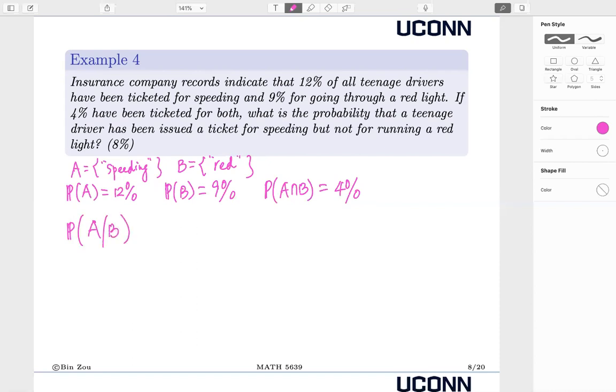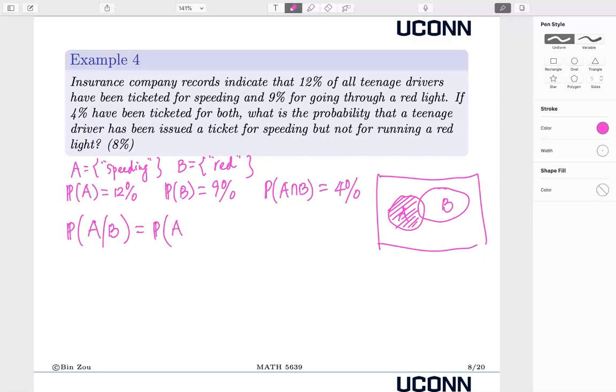So in other words, when we draw this graph, here's A, here's B. What we want to know is the portion of A that does not intersect with B. So in other words, what we want to know is A intersect B complement, because that is the part of A that has nothing to do with B, right? So it's not in B.